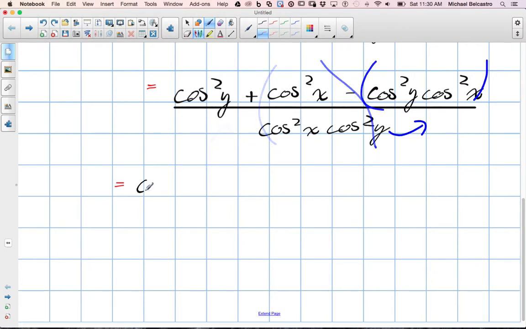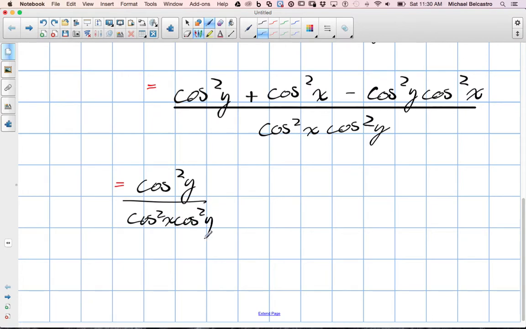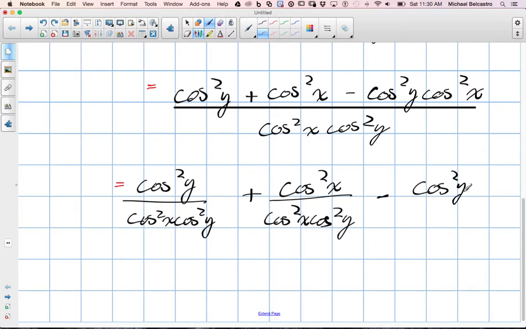So now we'll have cos squared y divided by cos squared x times cos squared y, plus cos squared x over cos squared x times cos squared y, and then finally subtracted by cos squared y times cos squared x divided by cos squared y times cos squared x.